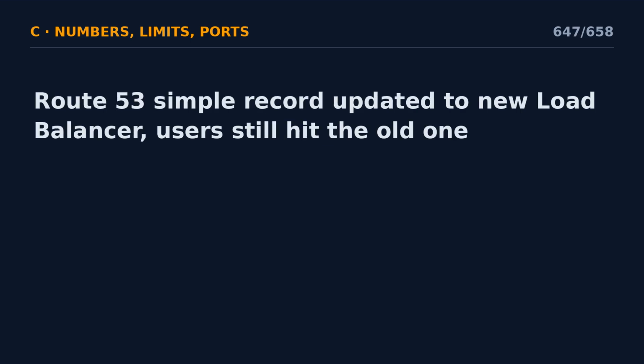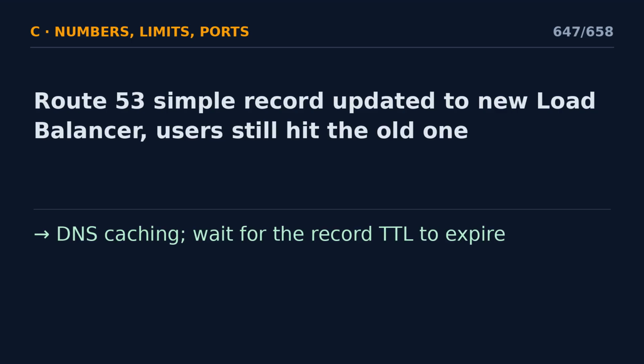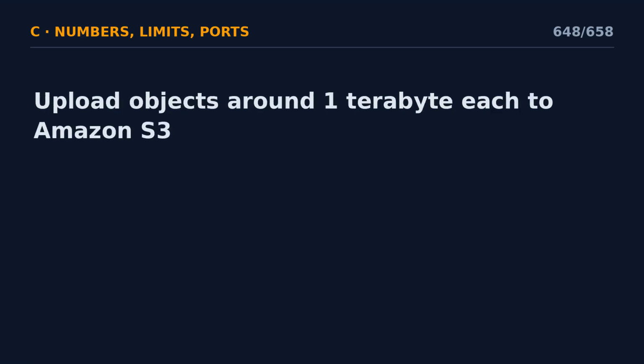Route 53 simple record updated to new load balancer. Users still hit the old one. Answer: DNS caching. Wait for the record TTL to expire. Upload objects around 1 terabyte each to Amazon S3.